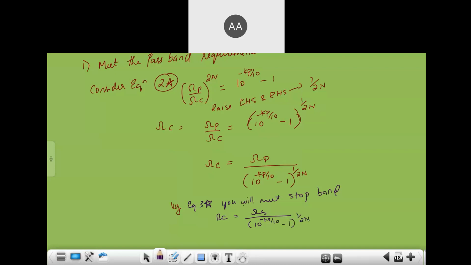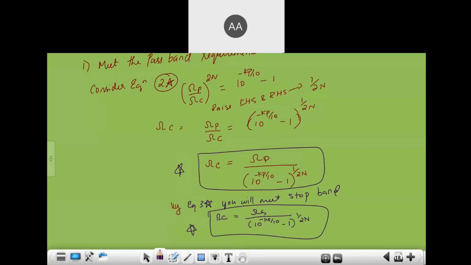Just like how you did for this. Okay, so the cutoff frequency equations are these two, which you can note down. To meet passband requirements is this. To meet the stop band requirement, this is the equation for the cutoff frequency. Okay, so this much derivation you all should know clearly.